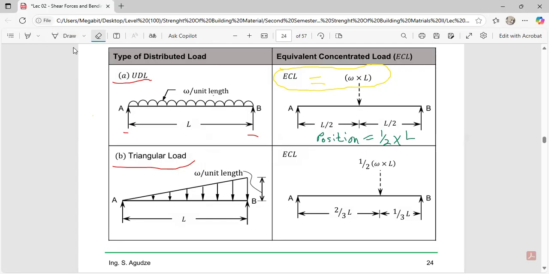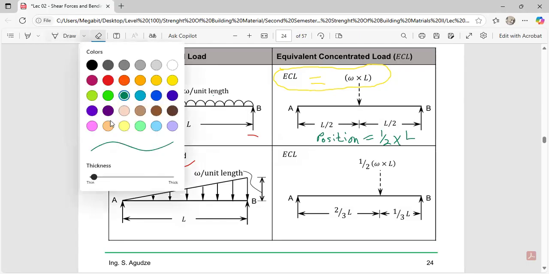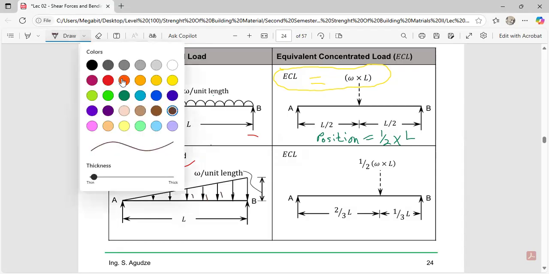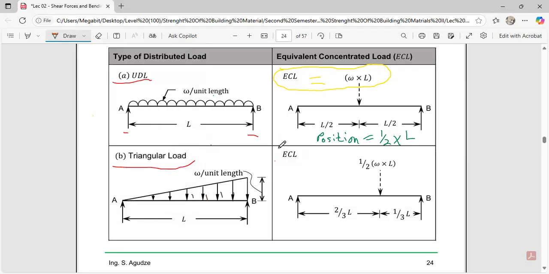Then from there, let's make a little emphasis on the triangular load. You can see that this triangular load has varying loads, and because of that, to calculate the ECL, which is also known as the equivalent concentrated load, we have to multiply half times WL. So your ECL is going to be equal to half times base times height.